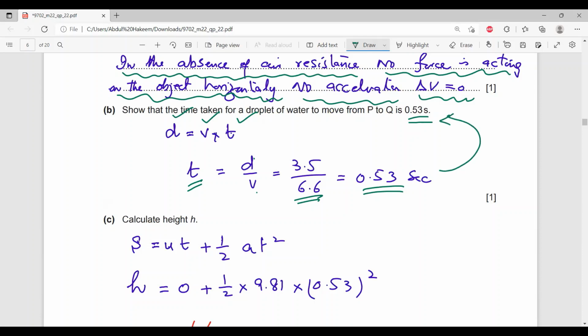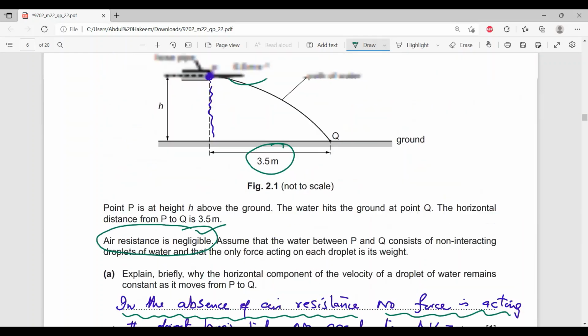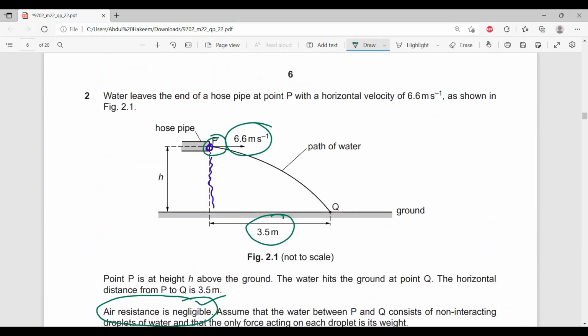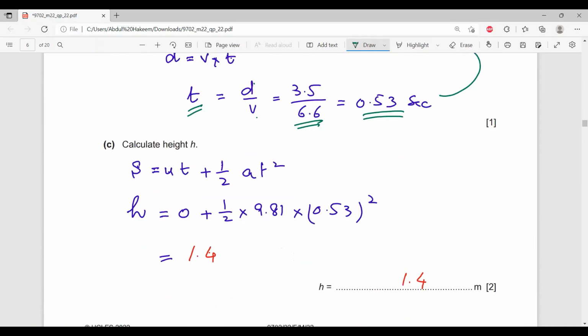Next, we have to calculate the vertical height, the vertical distance. s is equal to ut plus half at squared. For the vertical motion, look at this here. Vertically, there is no initial velocity, so the initial vertical velocity is 0. Then height is equal to u t, which is 0, plus 1/2 times the vertical acceleration, 9.81, times t squared.